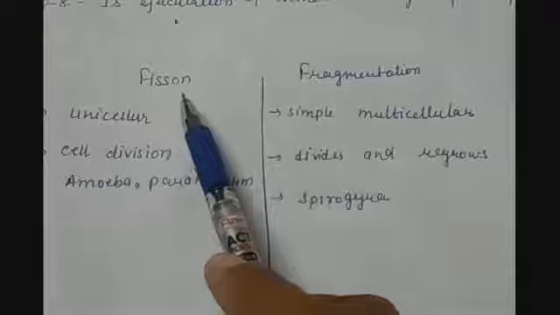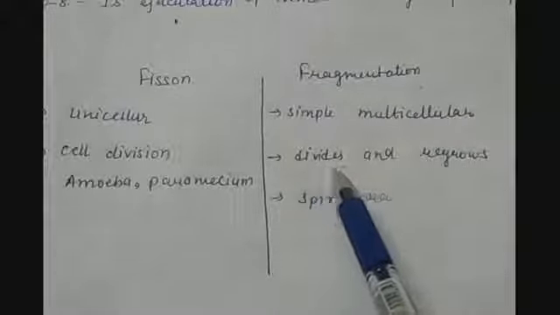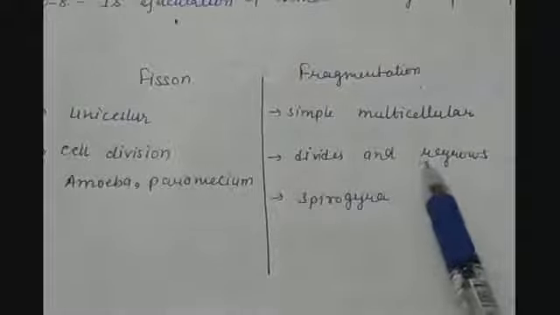Fission is a process of cell division by which the organism reproduces. But in fragmentation, the organism divides into several parts and then each part regrows into the complete organism.